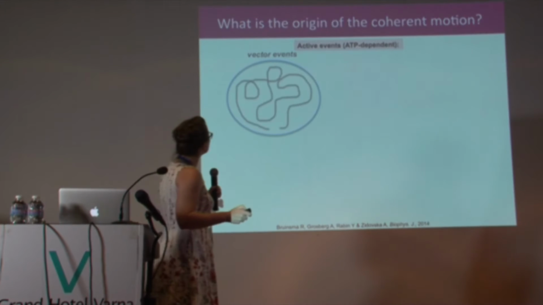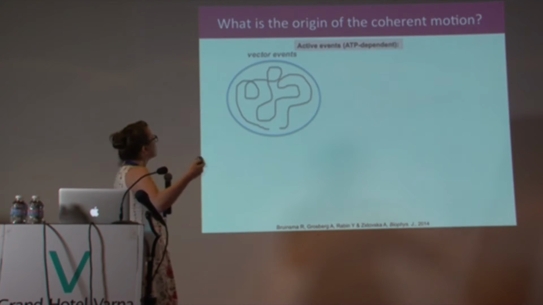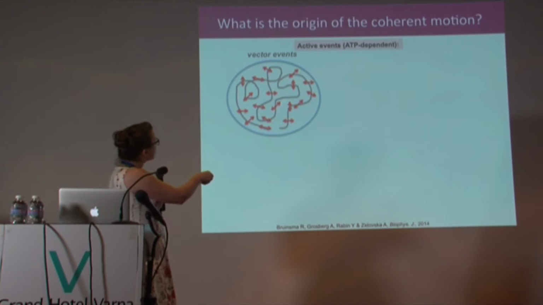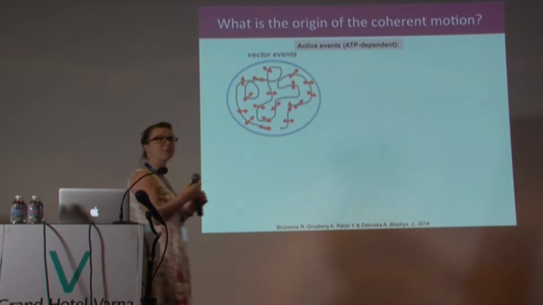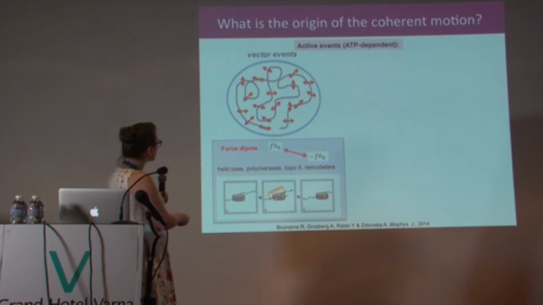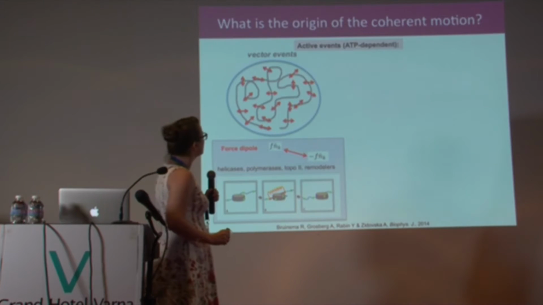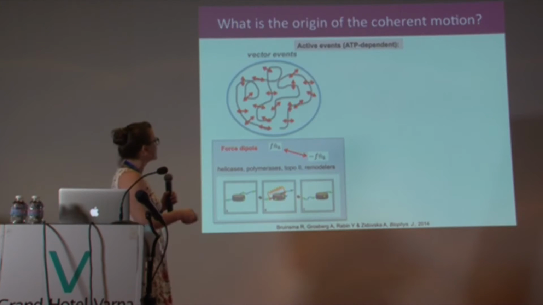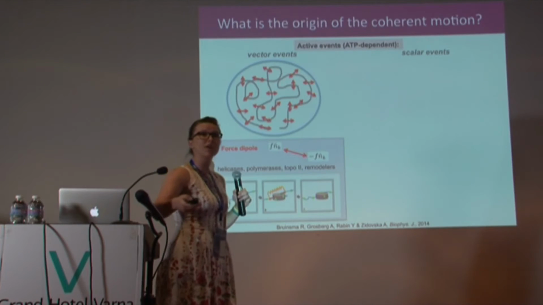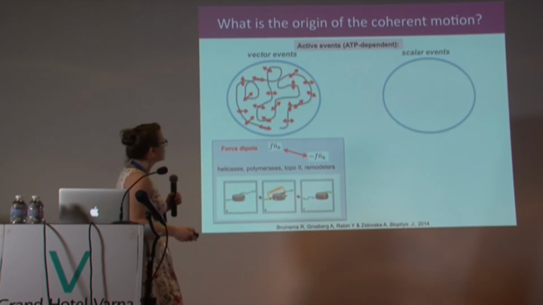Those would be the molecular motors that act on the chromatin fiber locally in a way which has a direction as well as magnitude, so they can be described by force dipoles, as you can see here, and the list of motors that could be approximately described by that. And then, of course, scalar events, which would not have a direction, yet they would have magnitude.